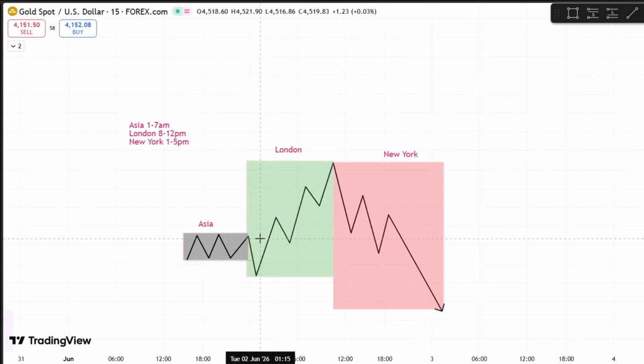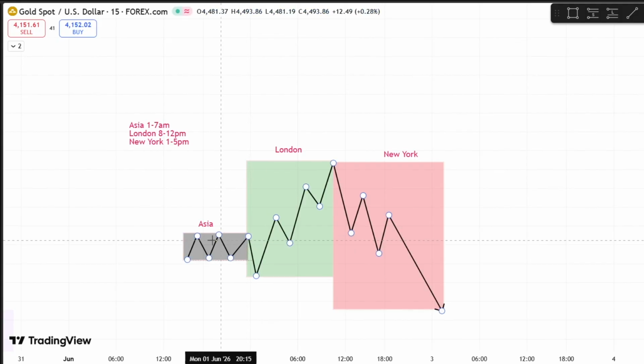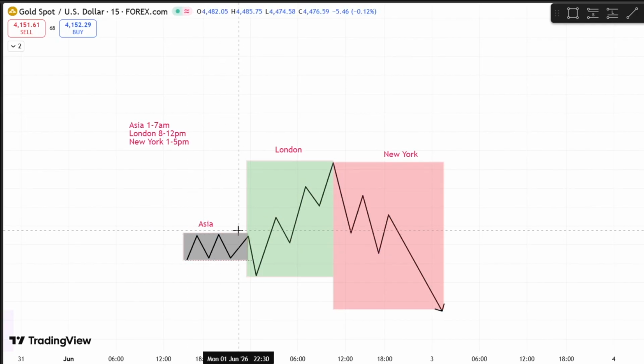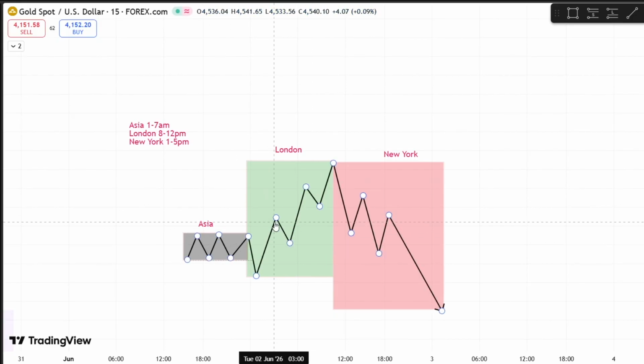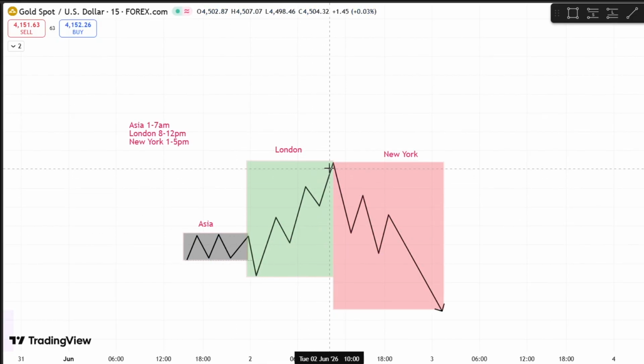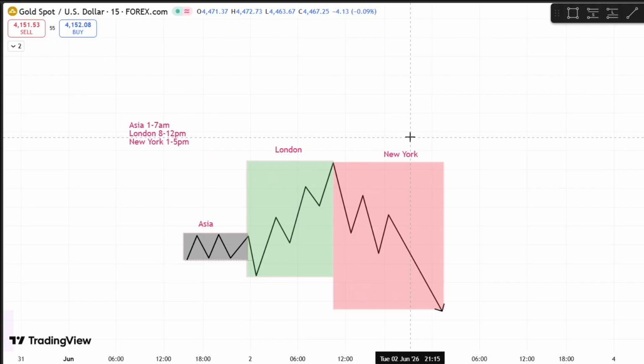This London reversal is very important, and we can ride along with it. Since the Asia session is a consolidation, it has high liquidity sitting all over it, and after price took the Asia high, it tended to reverse. After waiting for confirmation, you could continue along with the New York reversal.